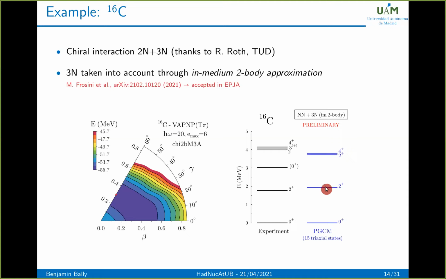But already, you see that with a simple PGCM calculation using a chiral interaction, you can say something. Honestly, I'm not even sure the best coupled cluster or whatever calculation could produce a much better spectrum than that. So I think it's a very interesting method to describe this kind of physics.